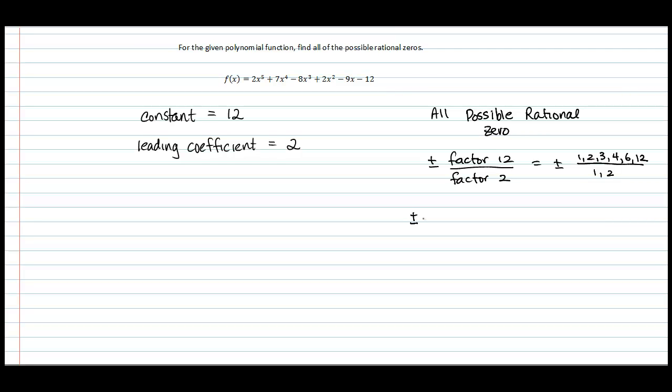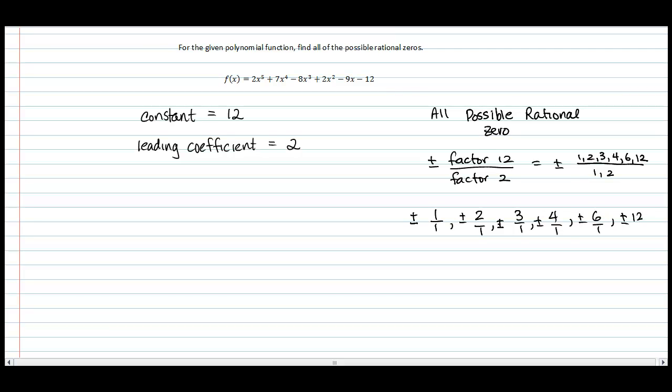In order to do this, we're going to take each factor of the top and divide it by each factor of the bottom. So I want to have plus or minus 1 over 1, plus or minus 2 over 1, plus or minus 3, plus or minus 4, plus or minus 6, and plus or minus 12.